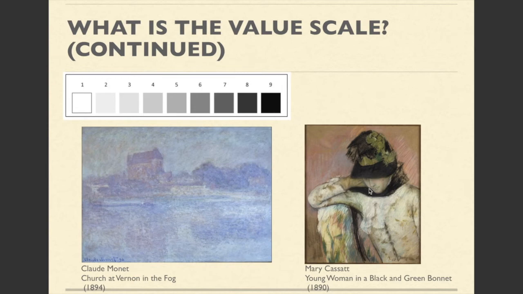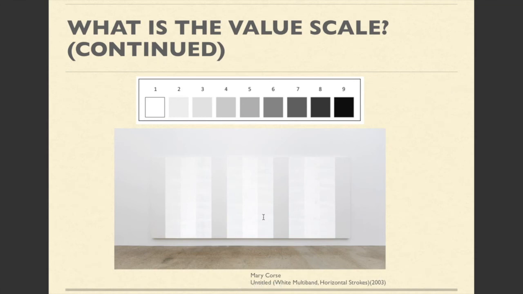Okay, we have a 9 right here and a 1 right about here, or maybe about 1.5 right here. In this work, we have a range of probably a 1 to a 4.5. Okay, it's about a 1 to 4.5.